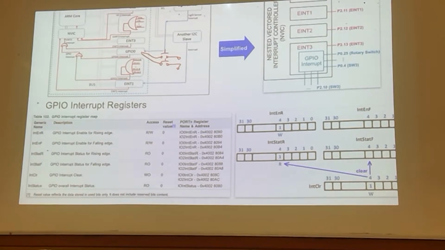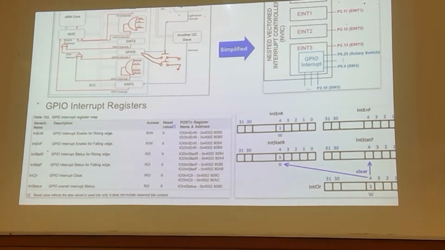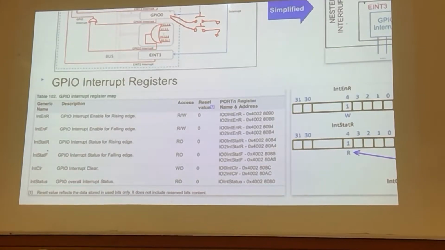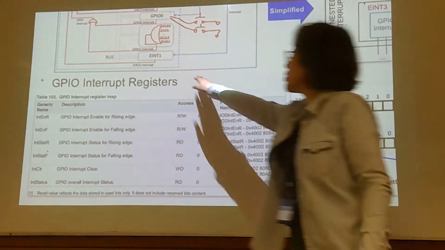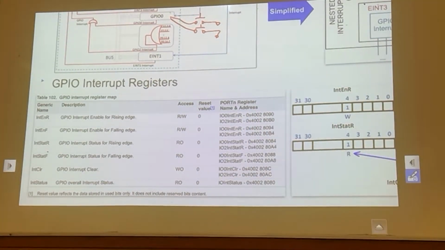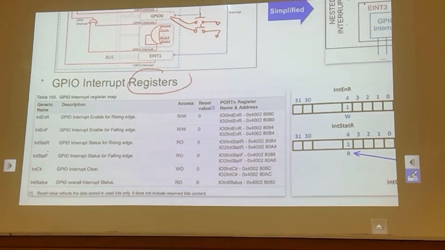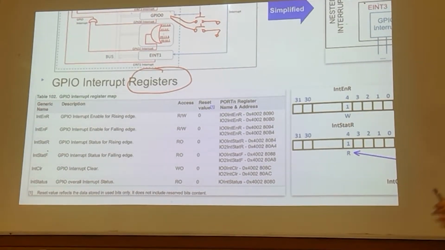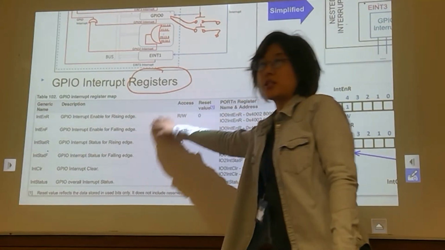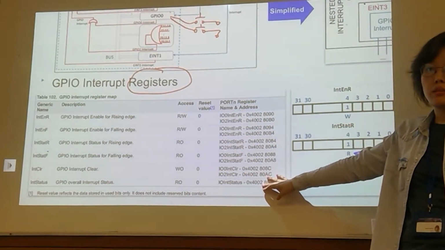Then something else you need to know is the GPIO interrupt registers. Similar to your normal GPIO peripheral that we just discussed, when you are handling GPIO interrupts, we use registers to handle it.